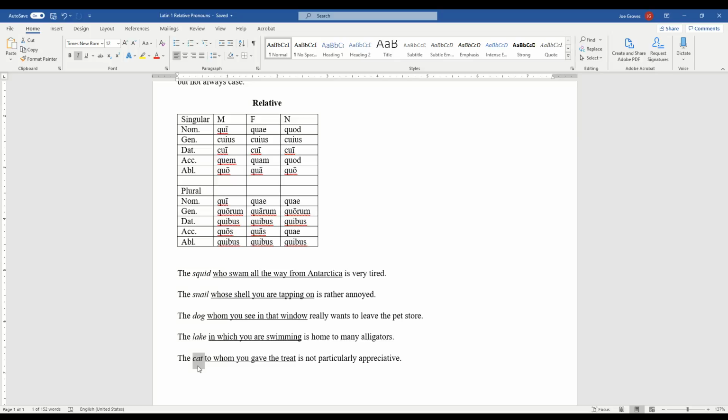And you notice in English, we have this little trace of the case use that we see in Latin, where we have that M that we see in the accusative, showing that English is actually related. So the whom is the accusative in English. But if you are talking about them in the nominative, you'd say who. The person who is walking down the street really is not aware of that oncoming trolley.